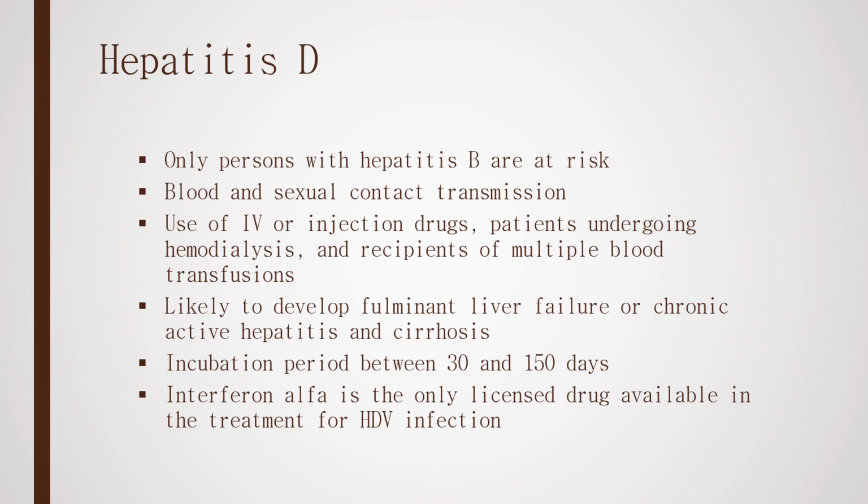Sexual contact with those who have hepatitis B is considered an important mode of transmission of hepatitis B and then D. The incubation period varies between 30 and 150 days, and the symptoms of hepatitis D are similar to those of hepatitis B, except that patients are more likely to develop fulminant hepatic failure and to progress to chronic active hepatitis and cirrhosis. Treatment is similar to the other forms of hepatitis.